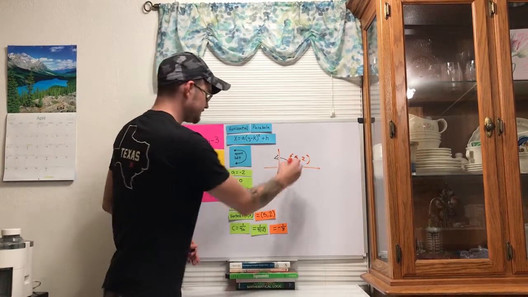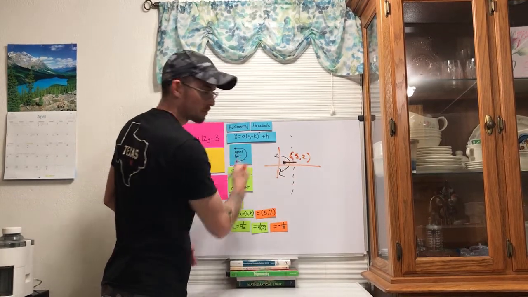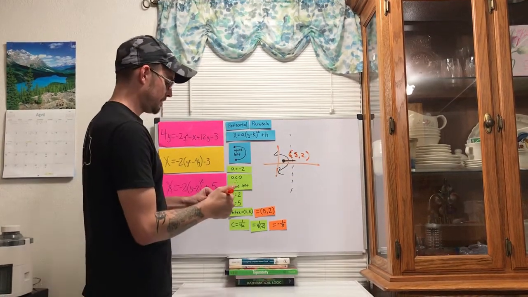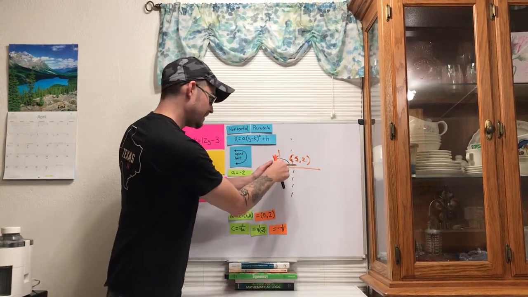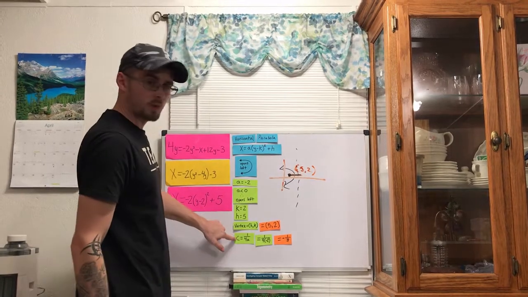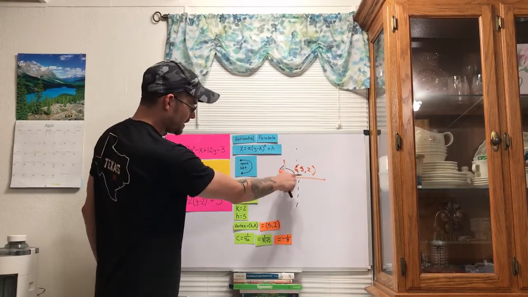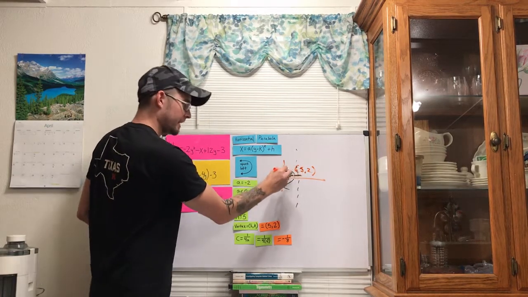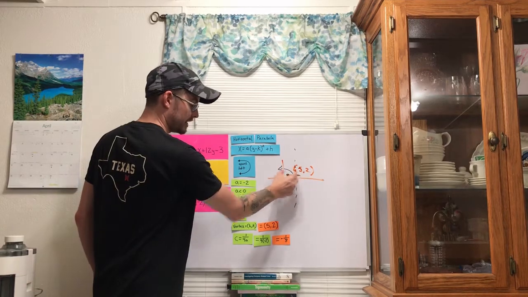Our directrix is going to be a line to the right of the parabola. The distance between the vertex and the directrix is 1 c value. Likewise, the distance between the vertex right there and the focus is also c. So in total we have 2 c values right here.